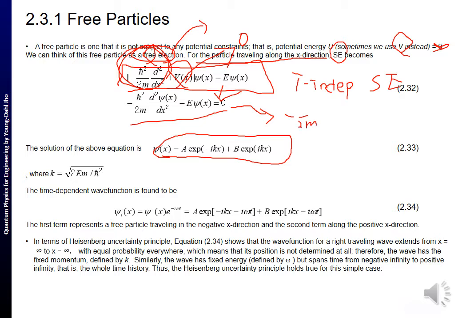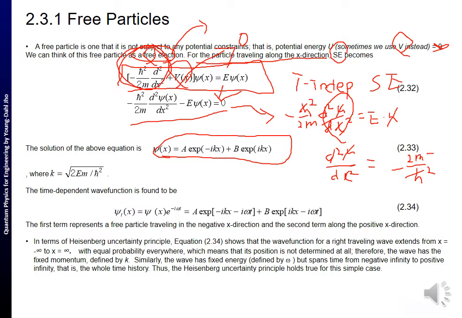And when we solve these equations, we arrange it this way. d square psi dx square equal to minus 2m over h bar square times E psi, and we set this factor to be k square, so that it becomes minus k square psi.